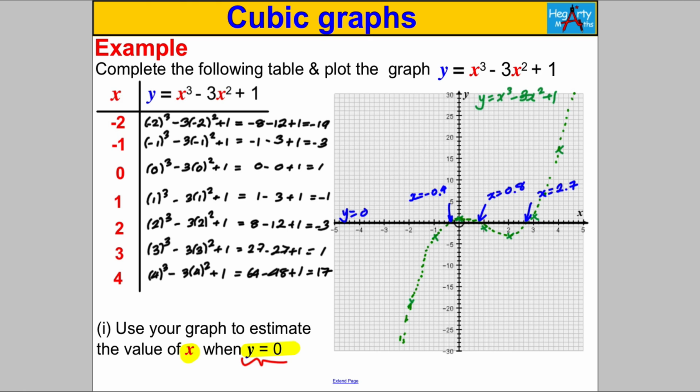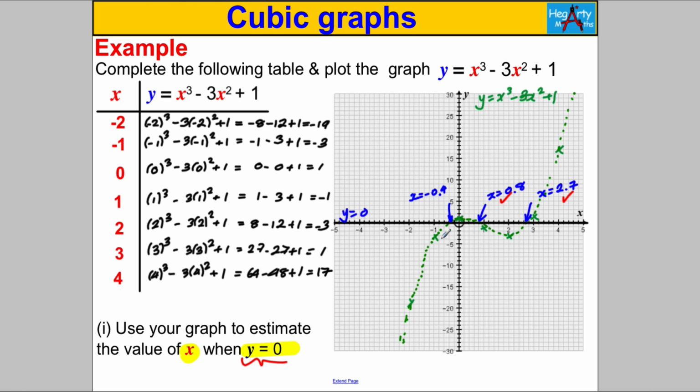Now, I've used my graph to do that approximation for me. I do have a piece of software available to me that will actually work out the correct answer exactly. So I'm just doing that on the side here, just to double check how close my graph was. The actual answers are x is 2.879, so that's not a bad guess. The other one is x is 0.6527. Again, we're not bad there.